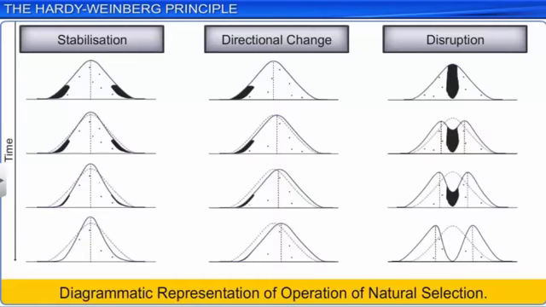Let's look at the distribution curves, which help us study the evolutionary process of the existing population. These curves also show how natural selection operates in various situations that impact a population. In the given diagram, the black dots represent the people who have died before passing on their genes.